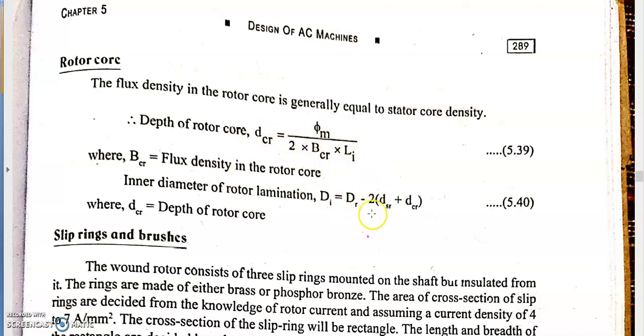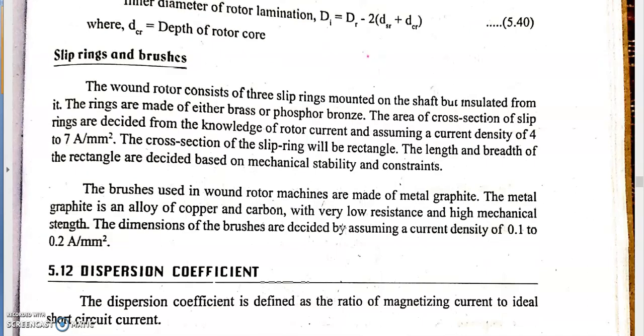And if the depth of the rotor core is known to us, the depth of the rotor slot is already known to us. So by subtracting 2 times the depth of the rotor slot and the depth of the rotor core from the rotor outer diameter, we can get the rotor inner diameter. Okay. So for slip ring and brushes, only the current density value we will be verifying.